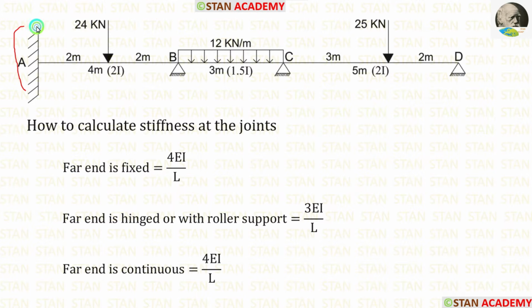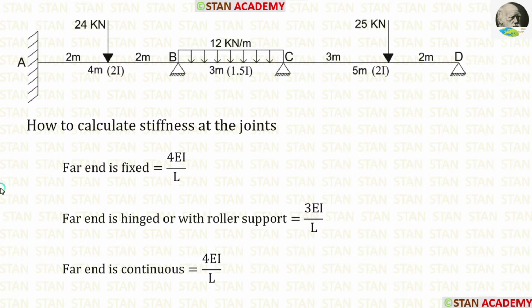At point A, we have a fixed support, so the distribution factor for AB will be 0. At point D, we have a hinged support, so the distribution factor for DC will be 1. In this case, we have to calculate the distribution factor only in the joints B and C.